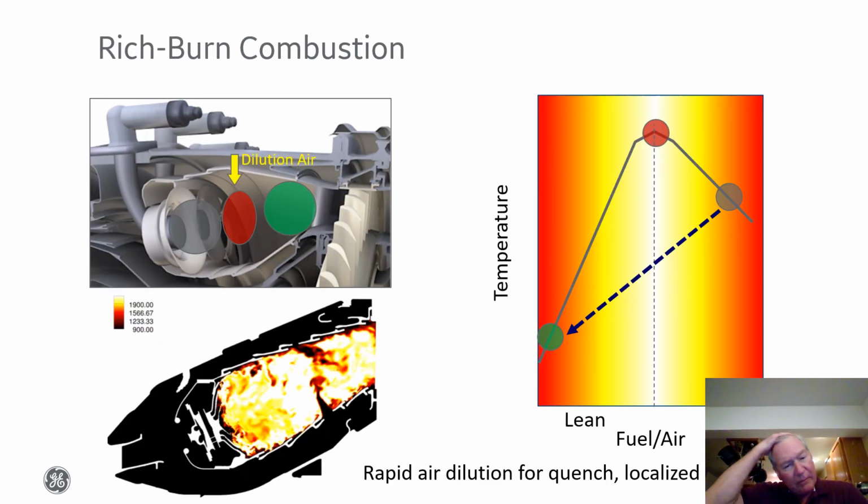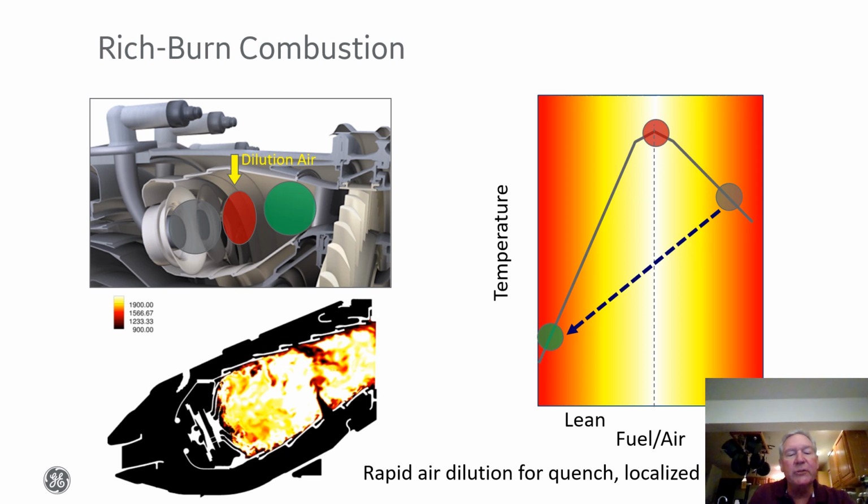Now, what I just described was what we call a rich burn combustion strategy. And what we mean by rich burn is that in the front end of that combustion chamber, where the swirling air and the fuel spray enter and mix, the overall equivalence ratio in that region is fuel rich.